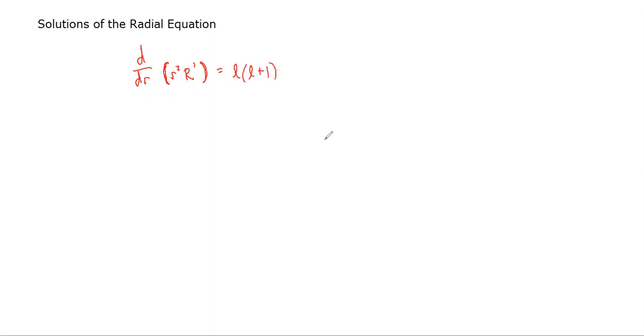Just again, with probably 200 years of hindsight at this point, what do you suppose the solution to this is going to look like? Like what form of a thing? The constant helps a bit.